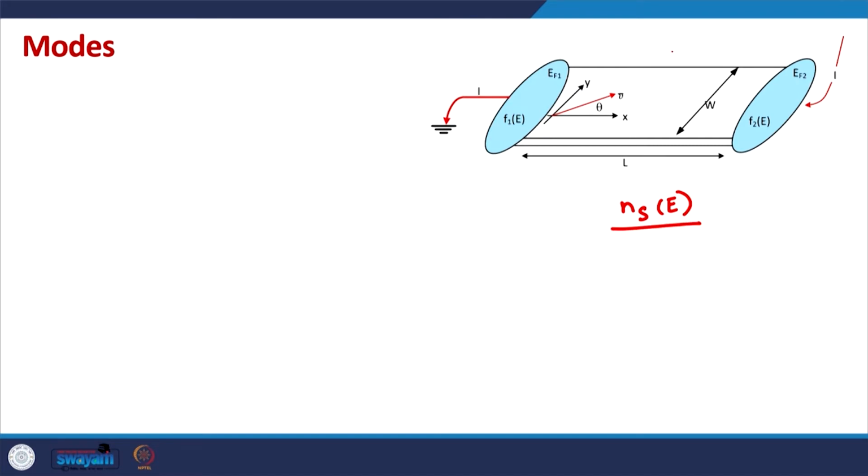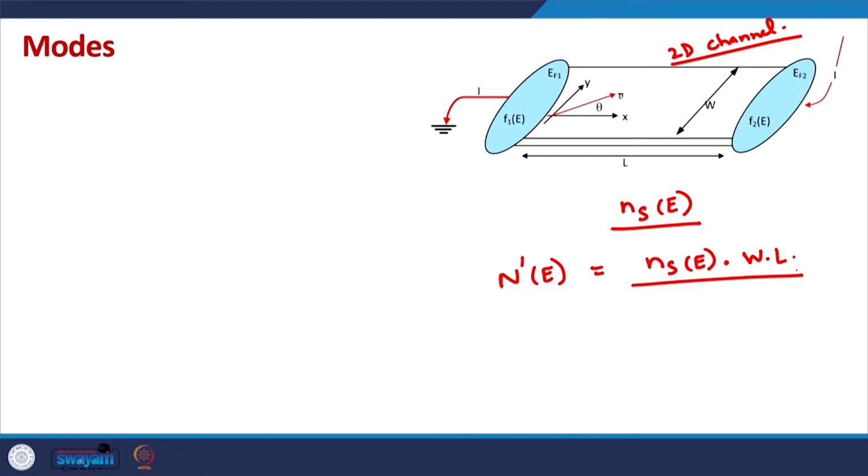In our 2D channel, let us say this is our 2D channel, and in this channel somehow we are able to deduce the charge density to be NSE, then the number of electrons in steady state at the energy E will be the charge density at that energy times area, and the area of a 2D material is just length times width. So, this is a straightforward expression.